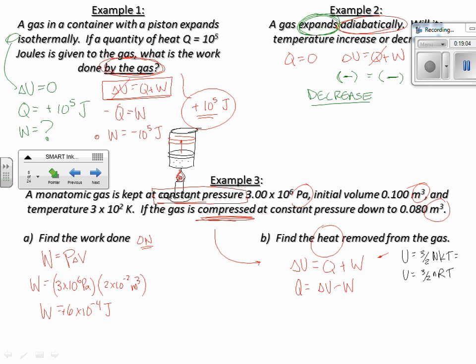Well, what I have to be able to recognize is that NkT is PV. And so is little nRT. That's PV. So that means that we can write U as 3/2 PV. And I do know pressure and 2 different volumes, but check it out. We're looking for a change in U. So I can do P times a change in V. How about that?